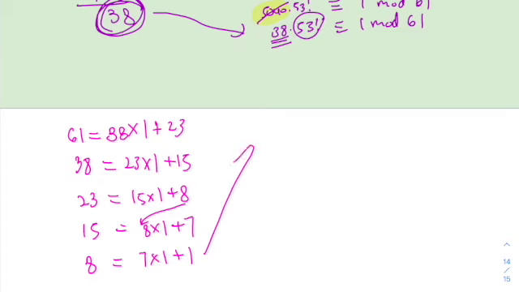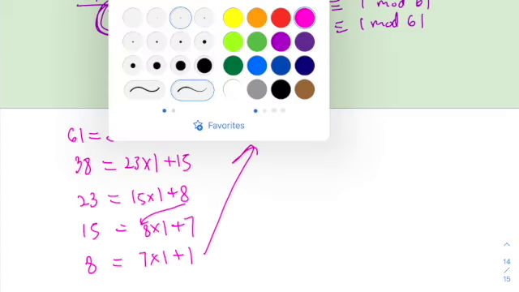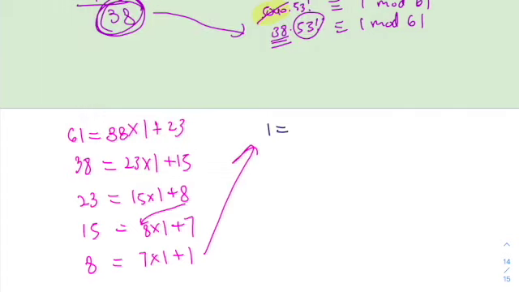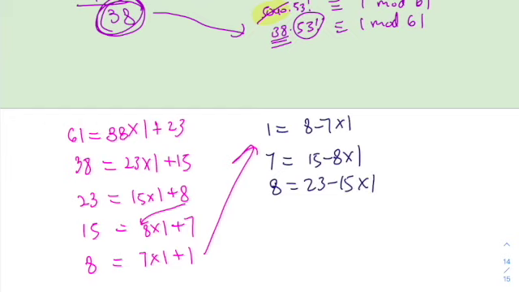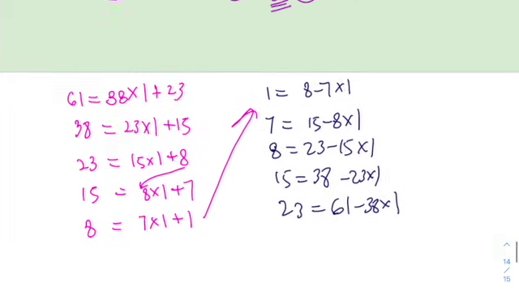And then now let's rewrite all of these expressions. So 1 equals 7, and then goes to 15, subtract 8 times 1, and then 8 is equal to 23, subtract 15 times 1, 15 is equal to 38, subtract 23 times 1, and 23 is equal to 61, subtract 38 times 1.